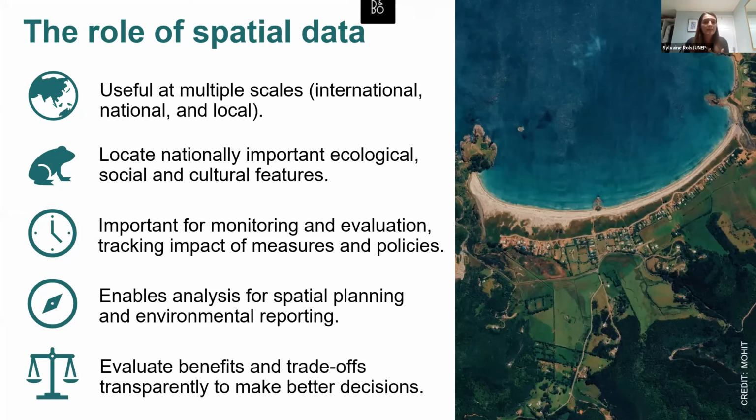And mapping is one step in this process to enable decisions, which is why I wanted to remind of the role of spatial data in terms of identifying national or local specific features, the help it can provide in terms of monitoring and evaluating a particular habitat, enabling analysis, and really evaluating the benefits and the trade-offs in such decision-making processes.